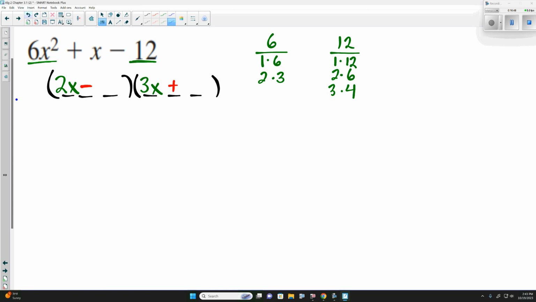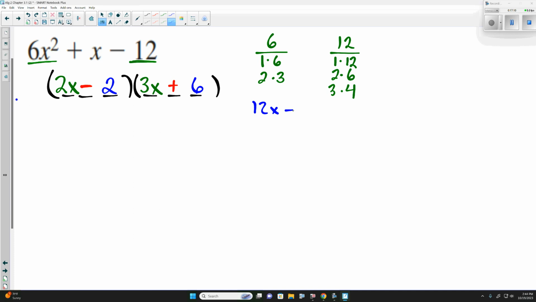We could try 2 and 6. Well, 2x and 2 has a greatest common factor of 2, and 3x and 6 has a greatest common factor of 3. Since these have greatest common factors, they don't work. If we did check it, 2x times 6 is 12x.